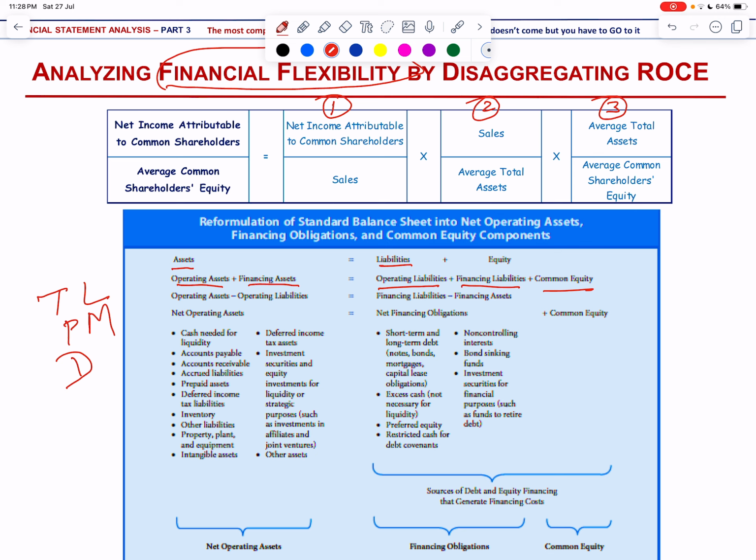The key task in balance sheet reformulation is categorizing assets and liabilities into either operating or financing categories. Operating assets and liabilities are essential for the day-to-day operations of a company. These include things like inventory, accounts receivable, and accounts payable.